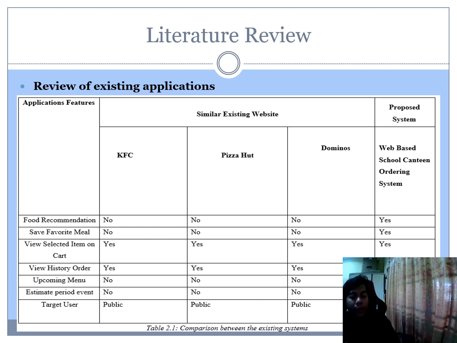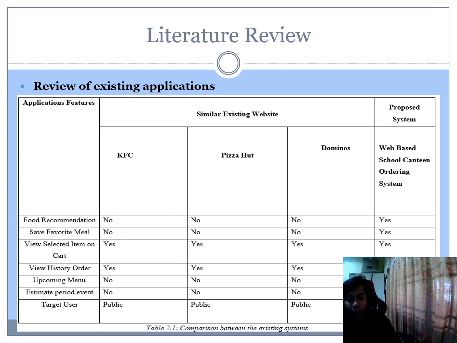With that in mind, I will be more ready and more prepared to buy the food for this week or next week. As you can see, KFC, Pizza Hut, and Domino's don't have this function. They always put the same menu over and over every time the customer accesses their website.